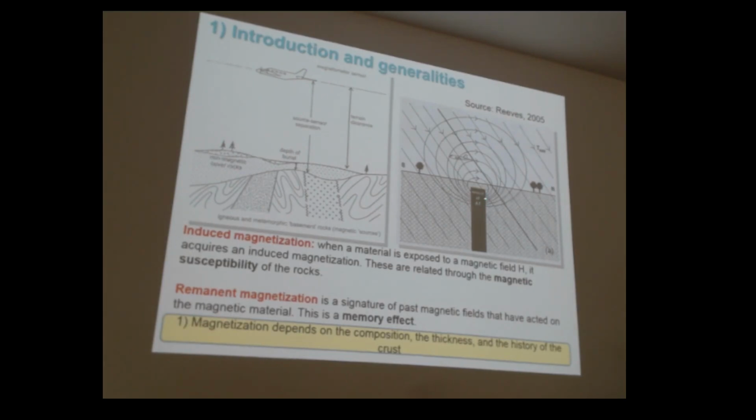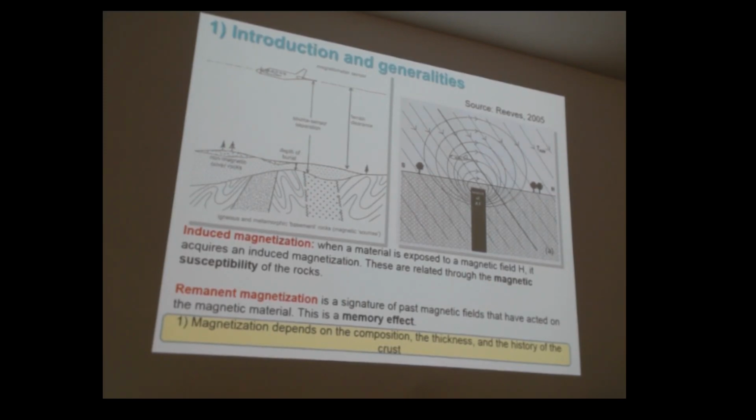So here, what I would like to show is that if you have a source here, this is the ambient field that is supposed to be constant over this small area, which is not true in general, but it will create a perturbation, a small perturbation of this field. So if the field is induced, this perturbation will be following the direction of the ambient field. If this is remnant magnetization, it could be in any direction. So obviously it depends on the composition of the crust, but also on its history.